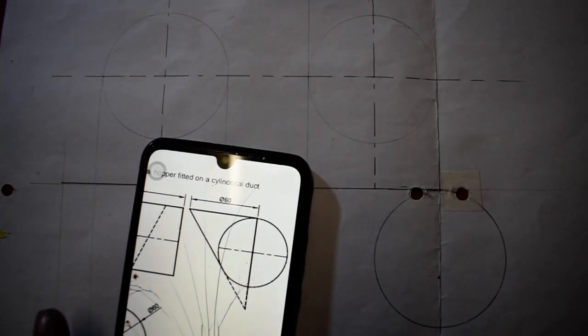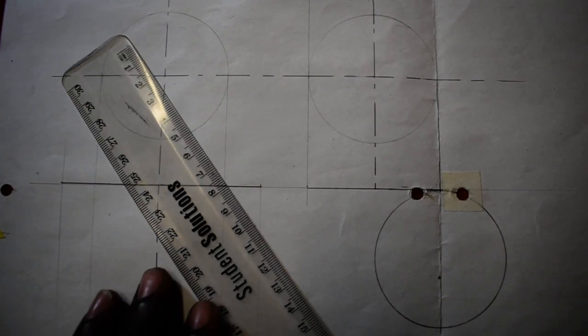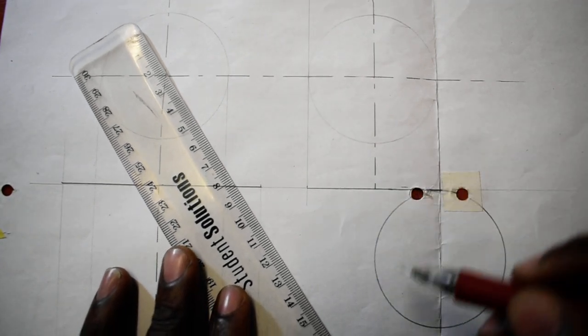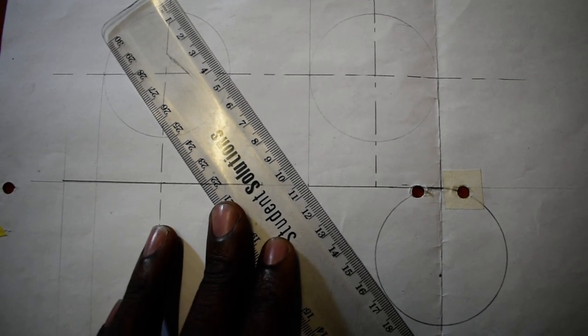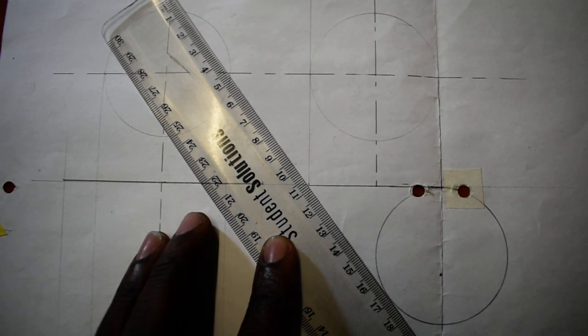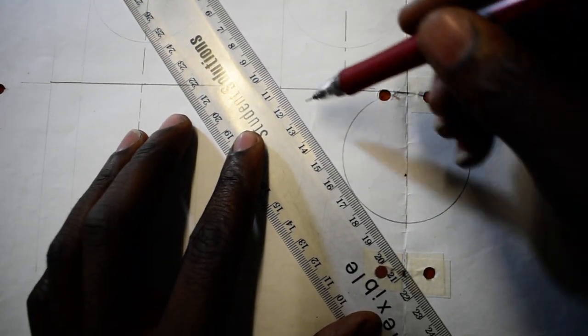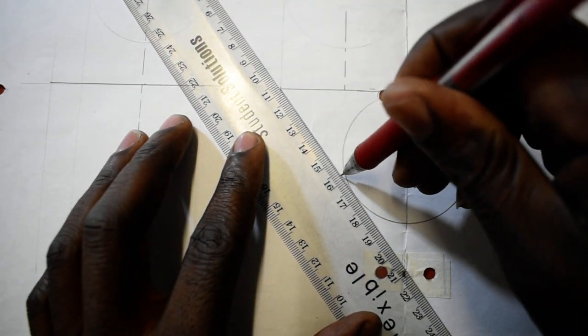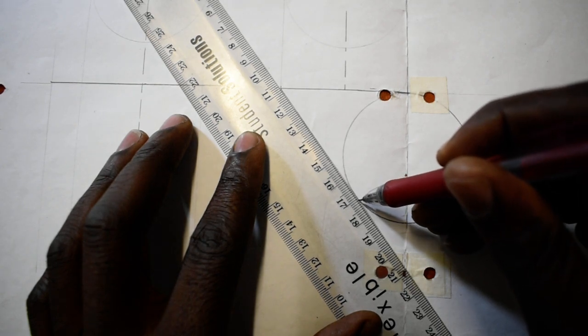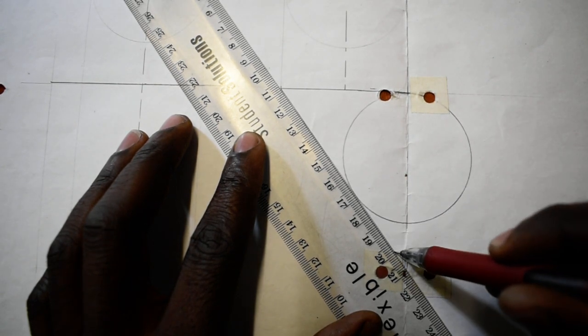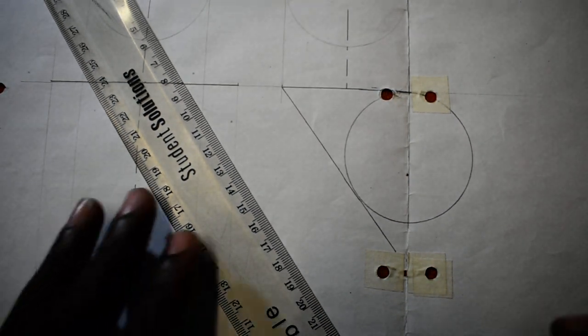This line, they call it a tangent. So I'll direct this point to the circumference of the circle, like this. So I can have it dark till right here. Then when it goes to such an extent, it should be hidden.